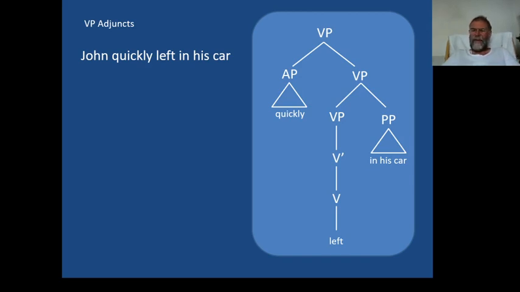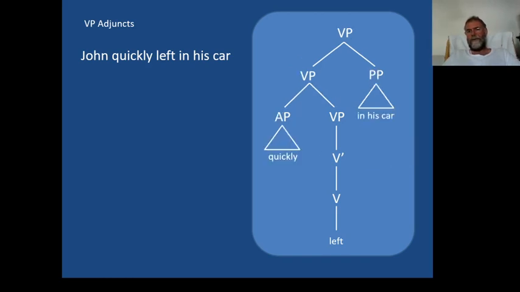It might be that they have a slight difference in meaning. For example, this one here means that in his car is modifying the VP left, so the leaving took place in his car, and then the AP quickly modifies that VP, i.e. leaving in his car. So what we're saying here is that the leaving in the car happened quickly, whereas the other one, quickly is modifying leaving, so we've got quickly left being modified by in his car.